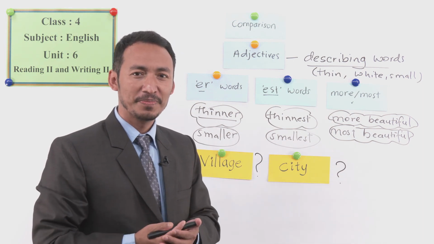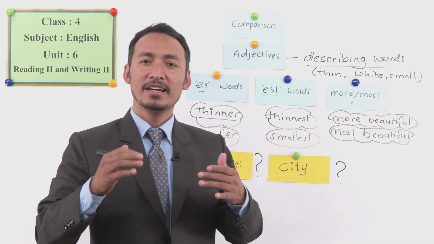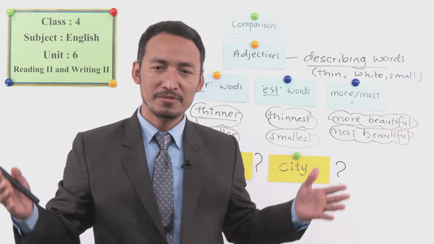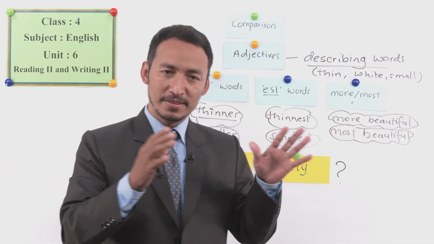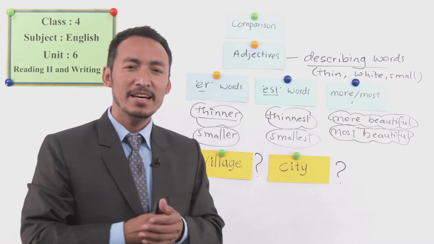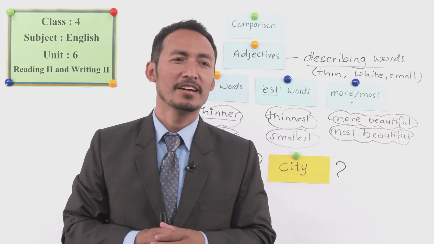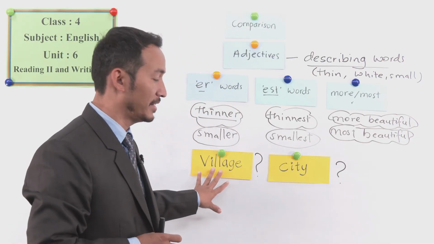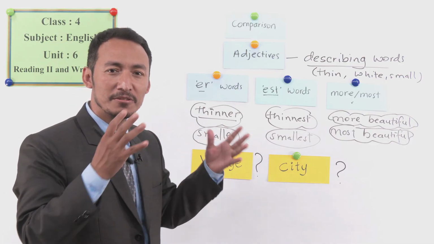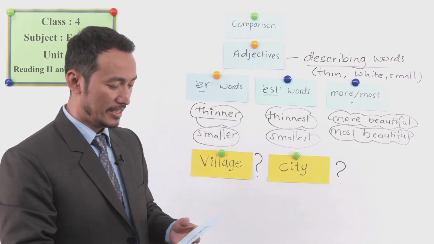Where is the city? City is the place where there are many facilities, there are cars, buses, hospitals, there is a good road. And village is the place where you have jungles, mountains, fields, and animals. So do you want to live in a village? Then why? What are the good things about villages and cities?